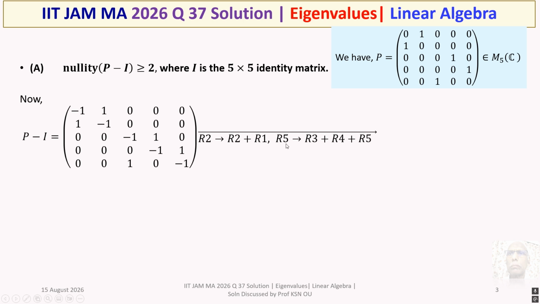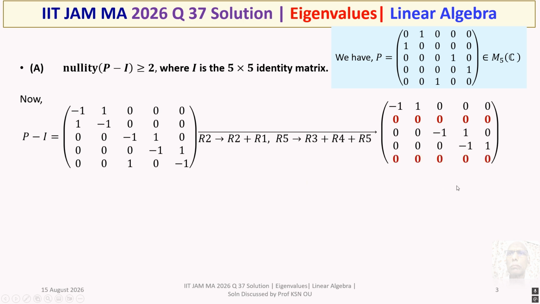The second elementary operation we perform is R5 replaced by R3 plus R4 plus R5, thereby the fifth row becomes a 0 row. So look at the operations: the second row is becoming 0, and now the fifth row is becoming 0.